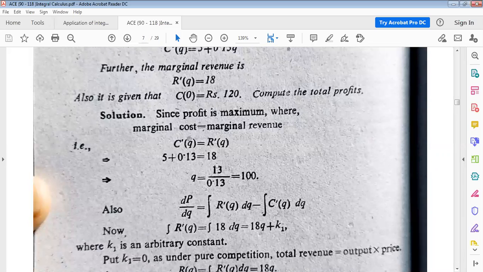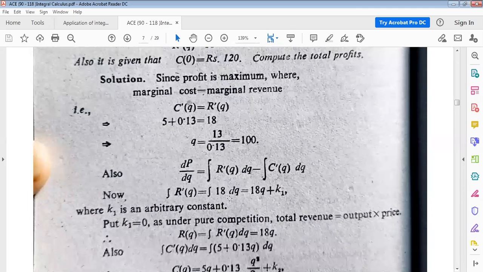Okay, quantity. Also, marginal profit dP/dq equals marginal revenue minus marginal cost. Just integrating on both sides, this will give the profit.